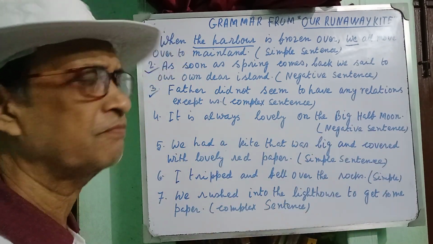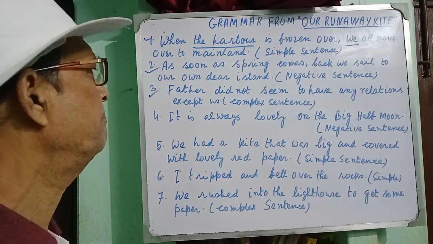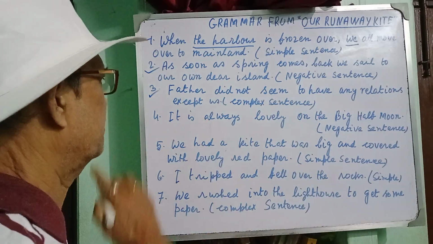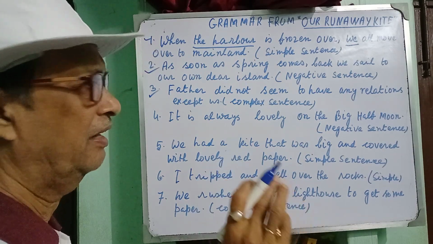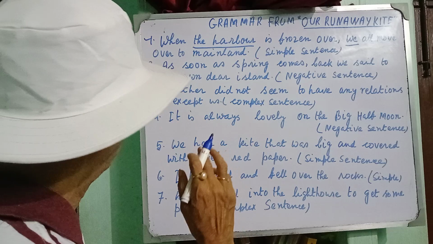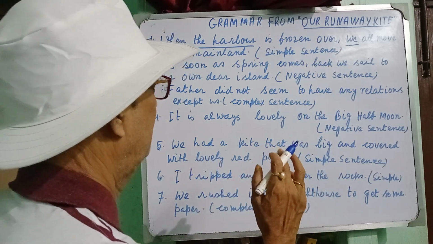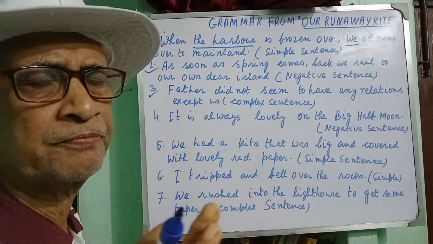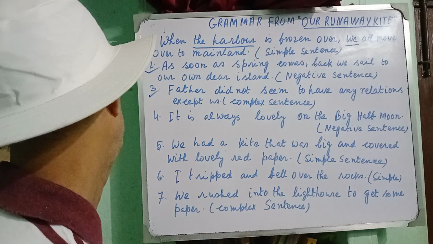Again I am repeating, it seemed that father did not have any relations except us. It seemed, principal clause, and that father did not have any relation, subordinate noun clause, and object to the verb seemed.